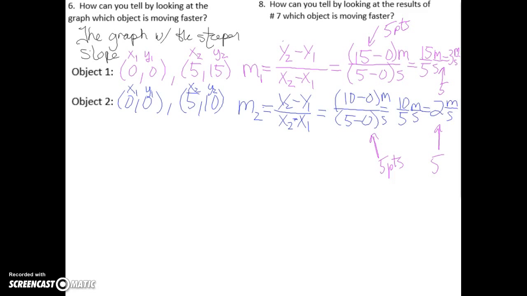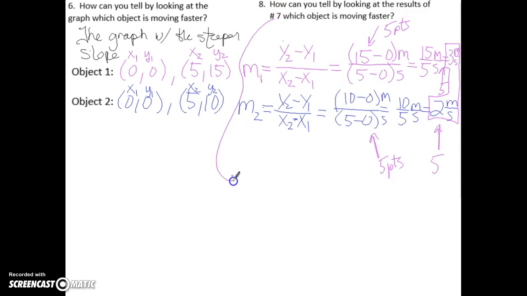Okay, to answer the final question over here, number 8, how can you tell by looking at the results of number 7, which is, where is number 7 actually? Probably number 6. Oh yeah, sorry. By looking at these results right here, how can you tell which object is moving faster?